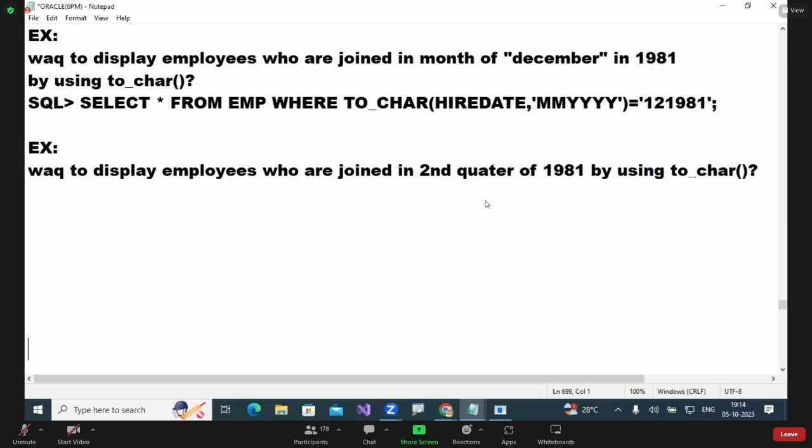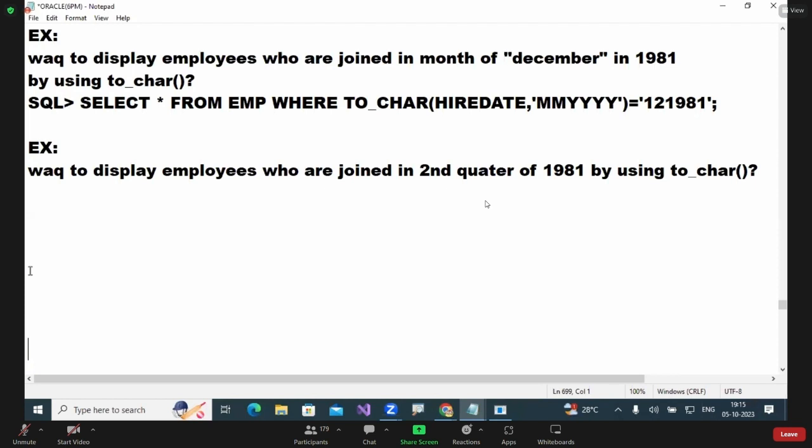Wrong, check. Second quarter means the higher date, so Q is quarter and Y is year.